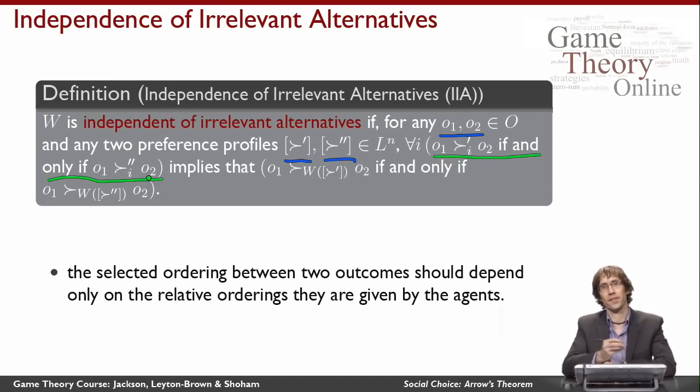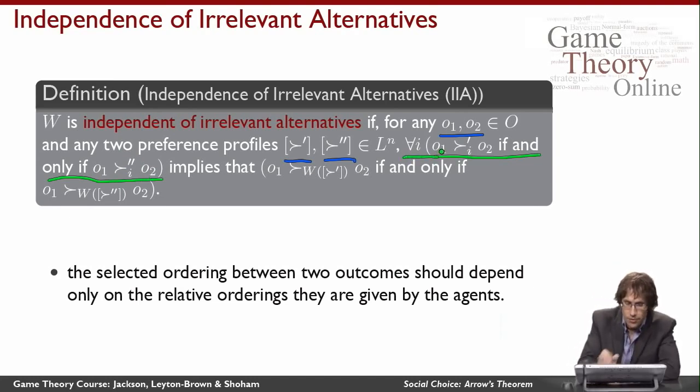So in other words, when I extend it out to the for all i here, this is saying that all of the agents relatively rank O1 and O2 in the same way in both pref prime and pref double prime. In other words, if agent i likes O2 better than O1 in pref prime, it must also be that agent i likes O2 better than O1 in pref double prime.